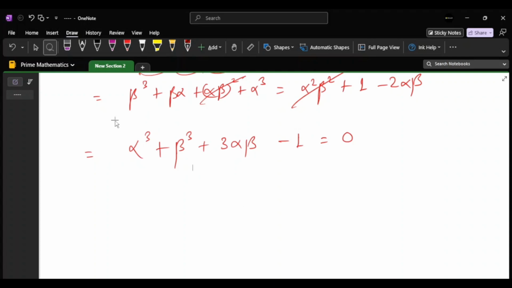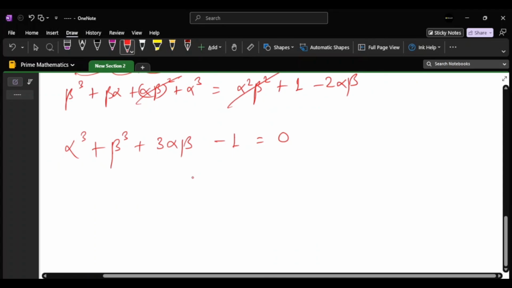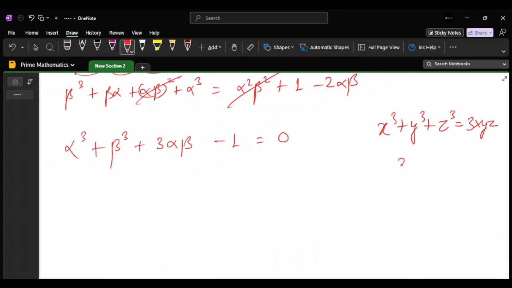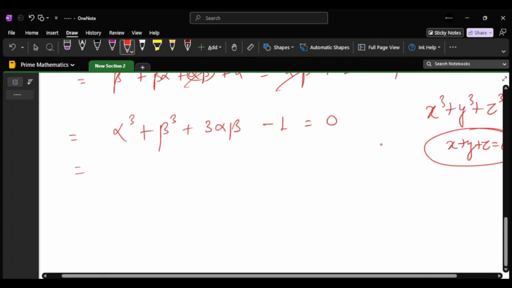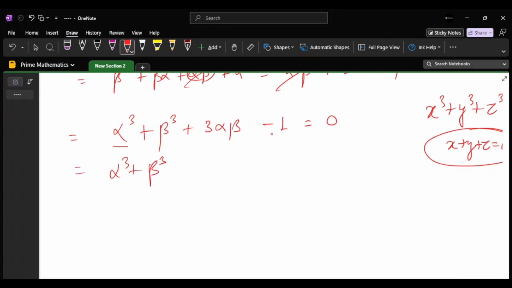Now we can use an identity. We know that x cube plus y cube plus z cube is equal to 3xyz if and only if x plus y plus z is equal to 0. If we construct this, this is alpha cube, this is beta cube, and minus 1 is nothing but minus 1 cube, and transferring this to the RHS, we get minus 3 alpha beta, which one can write as 3 multiplied with alpha multiplied with beta multiplied with minus 1.